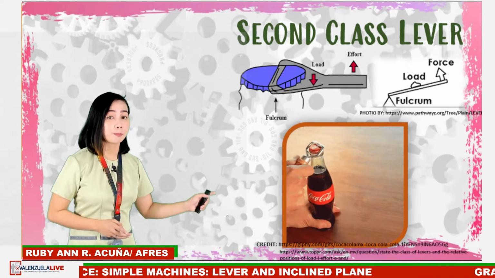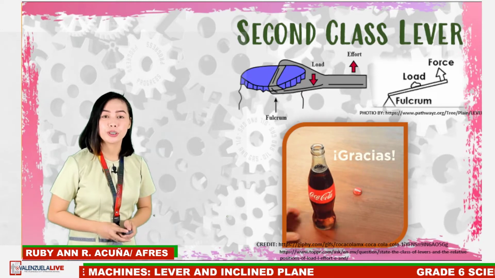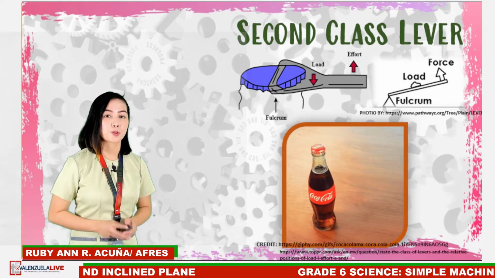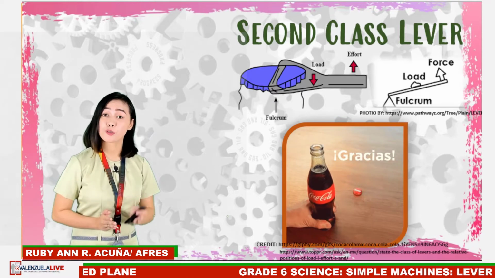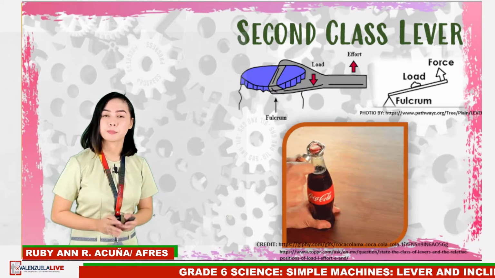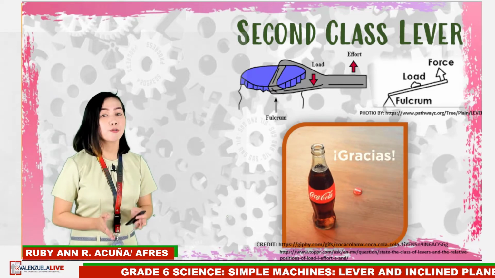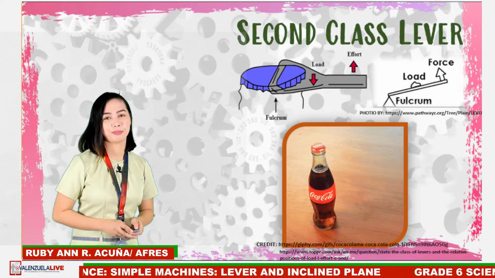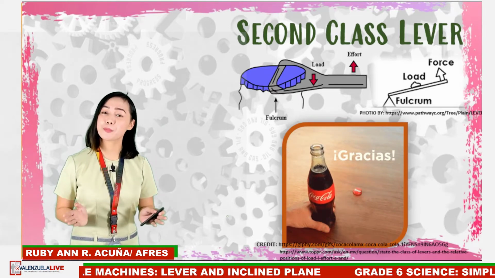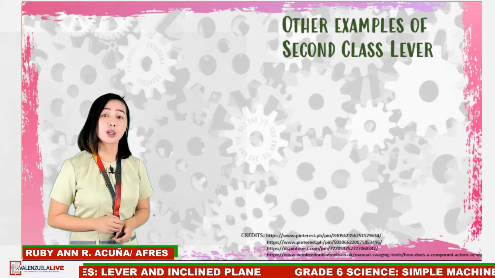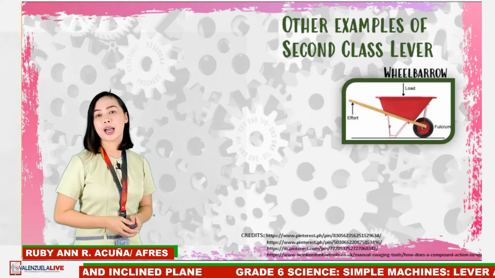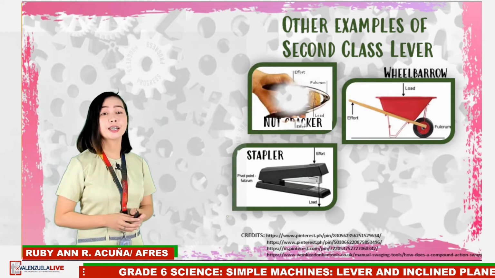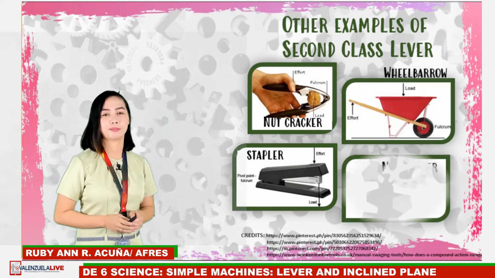The bottle cap, which is the load, is at the middle of the fulcrum, the part of the opener touching the surface of the bottle cap, and the effort is at the handle. Other examples of a second class lever include the wheelbarrow, stapler, nutcracker, and nail clippers.